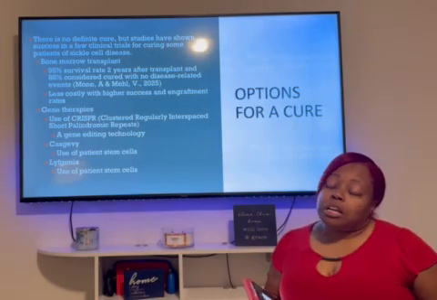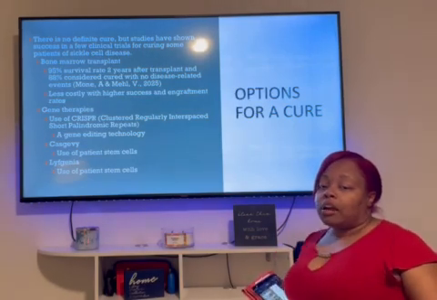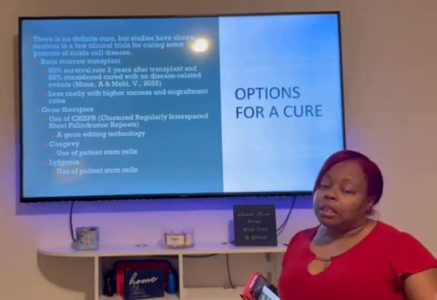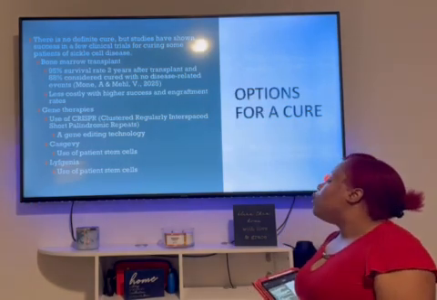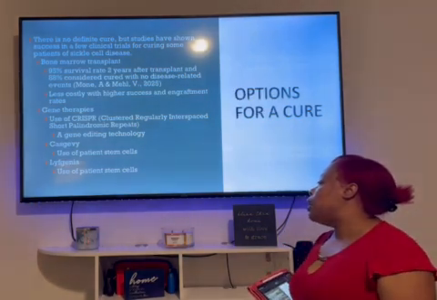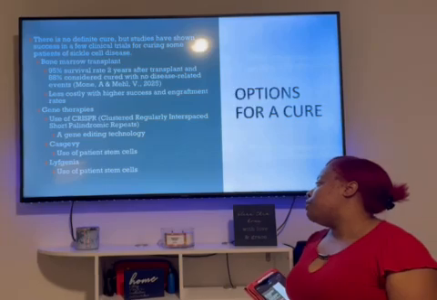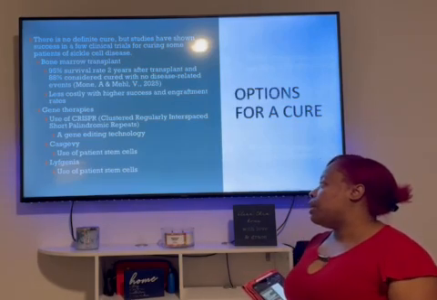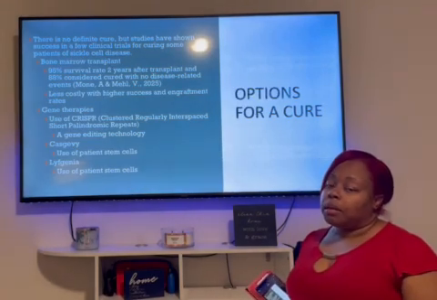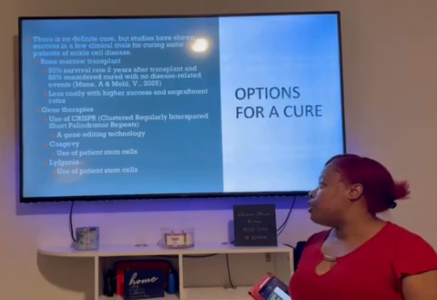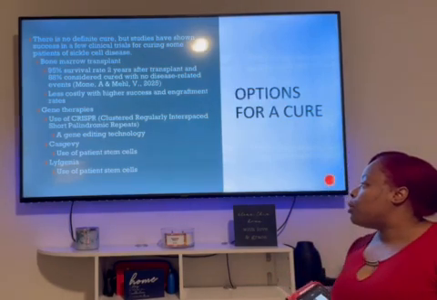Once they get their gene edited stem cells transfused back to them, they stay in a hospital for additional observation. They're observed typically for months at a time after their transplant for the gene therapy.